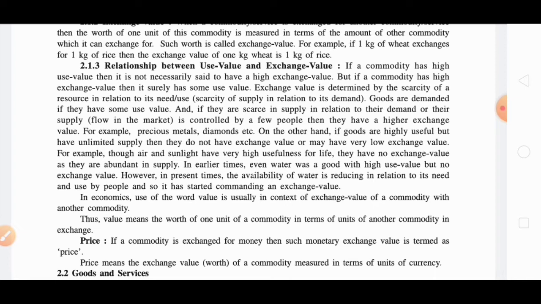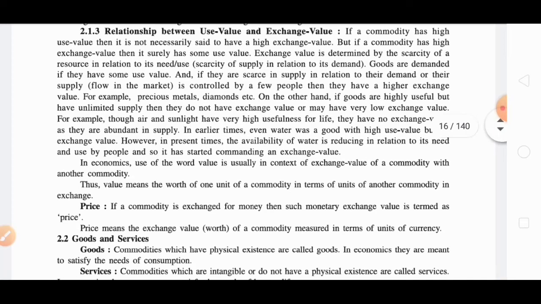In earlier times it had no exchange value because it was available everywhere. However, in present times, the availability of water is reducing in relation to its need.